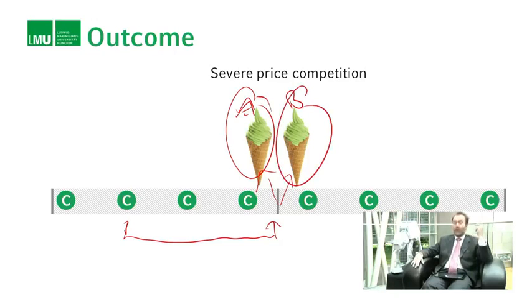Because remember, this is the same ice cream, and this consumer already made his way over there. So there's a big incentive just to lower prices by a little bit and steal market share from seller B. Of course, seller B is going to do exactly the same thing, so they're going to lower prices as well. So here, prices are going to go down.